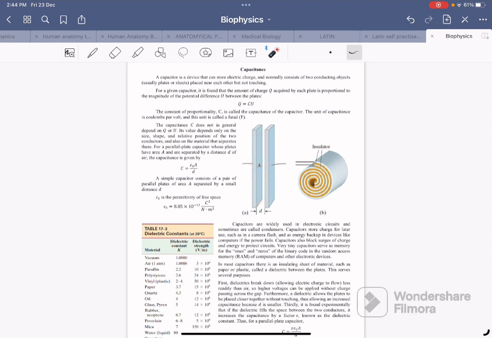So capacitance is denoted by C equal to the charge divided by the potential difference V. So capacitance equals charge divided by potential difference.